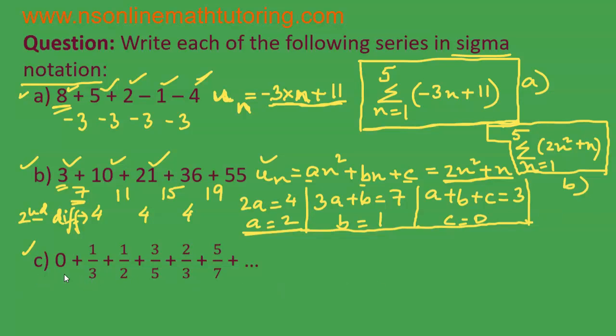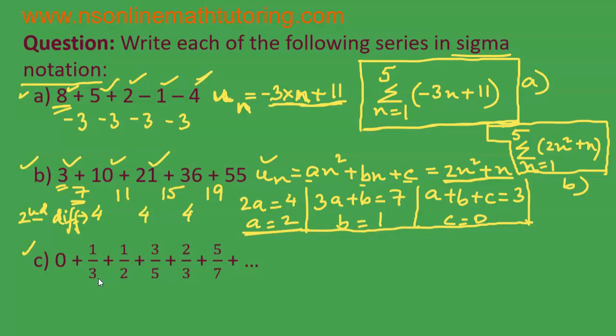Coming to subpart C. This is 0 plus 1 over 3 plus half plus 3 over 5 plus 2 over 3 plus 5 over 7. Do you find any sequence rule? I am seeing two 1s in the numerator, then 3, then falling down to 2, again rising to 5.